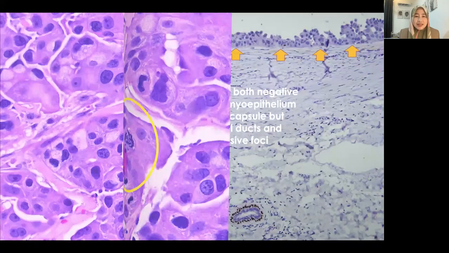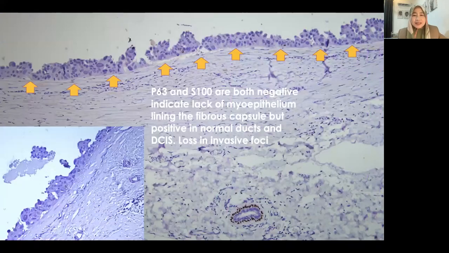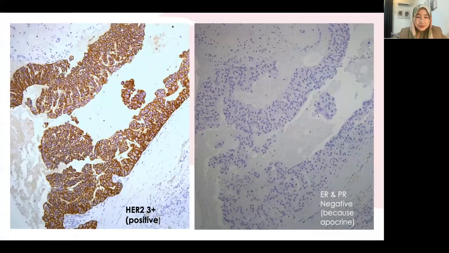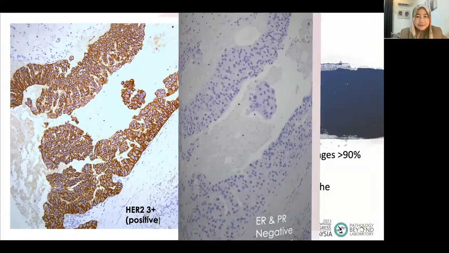Then we proceeded with P63 and S100, which are both negative, indicating lack of myoepithelium lining the fibrous capsule, but positive in normal ducts and DCIS. However, they are totally lost in the invasive component. HER2 is positive at 3+ and ER/PR negative because of apocrine cells.